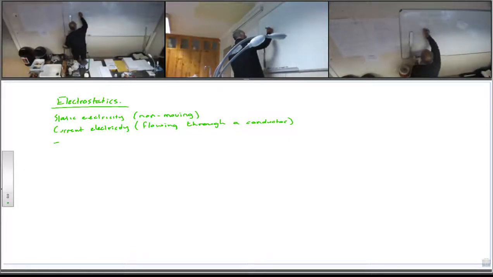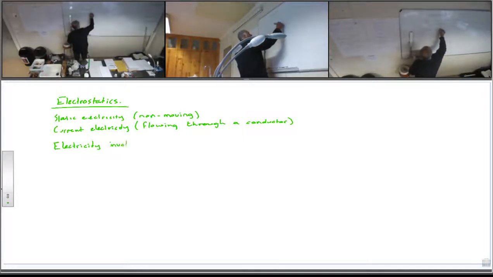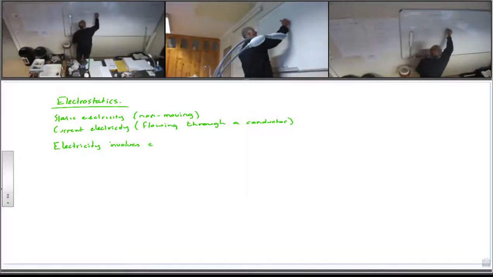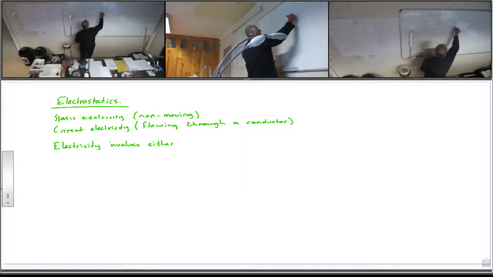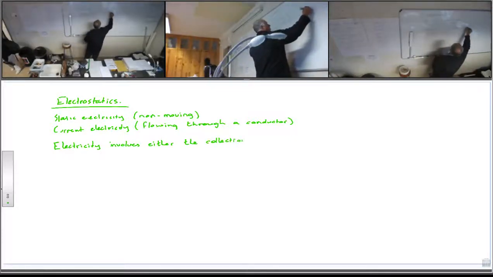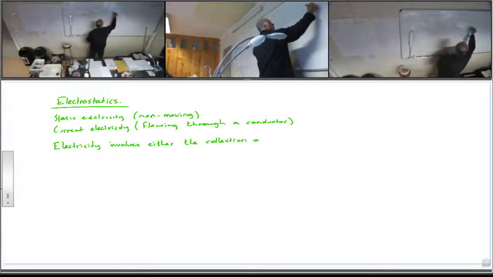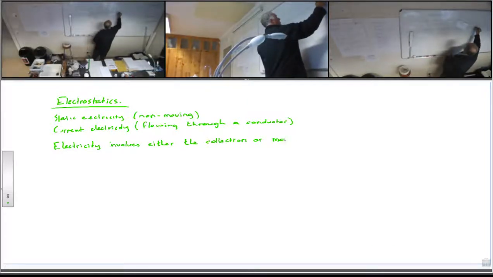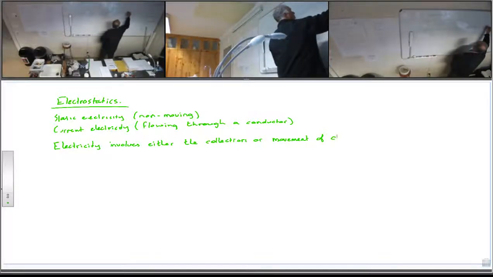So electricity involves either the collection or movement of charge.